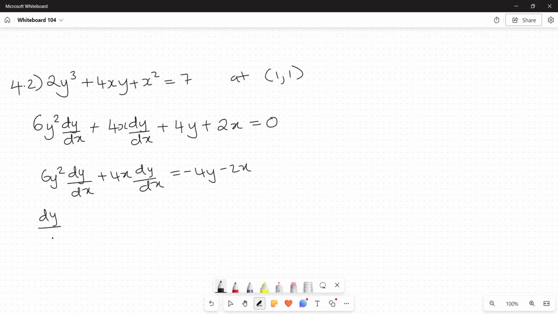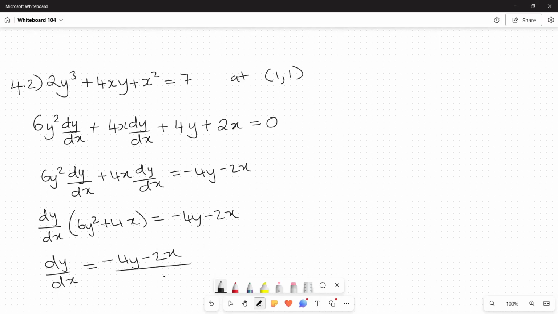So we have dy/dx times 6y squared plus 4x is equal to minus 4y minus 2x, and that means that dy/dx is equal to minus 4y minus 2x over 6y squared plus 4x.